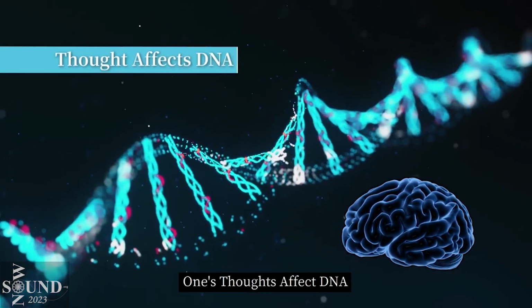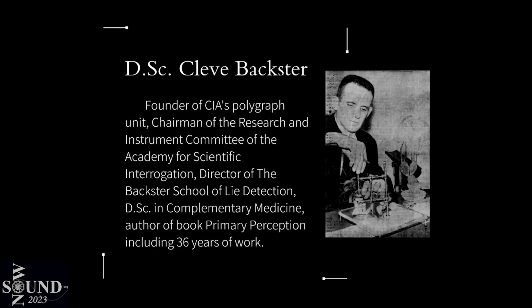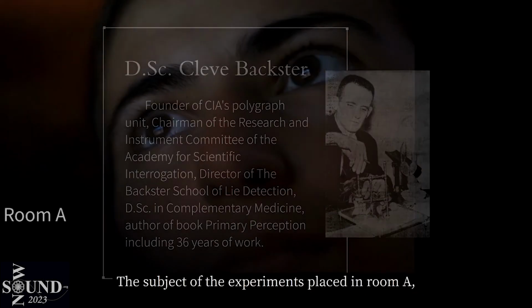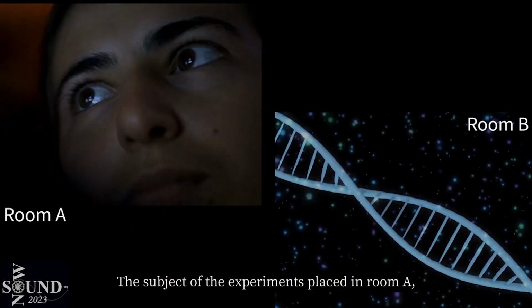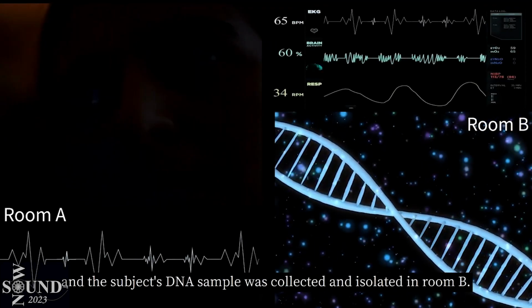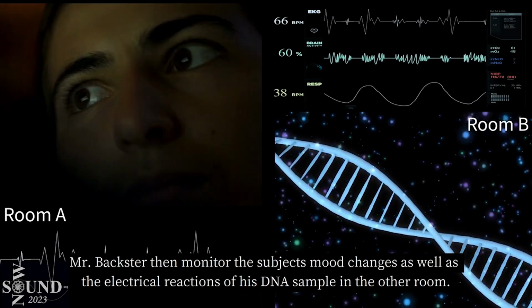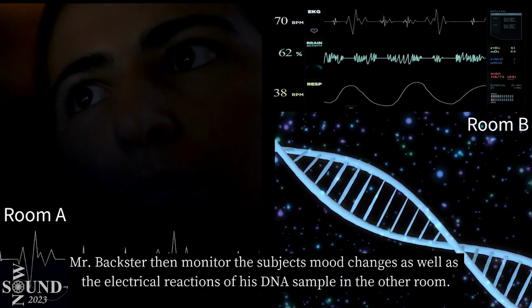One's thoughts affect DNA. The first experiment we'll discuss was carried out by Mr. Cleve Baxter. The subject of the experiment was placed in room A, and the subject's DNA sample was collected and isolated in room B. Mr. Baxter then monitored the subject's mood changes as well as the electrical reactions of his DNA sample in the other room.